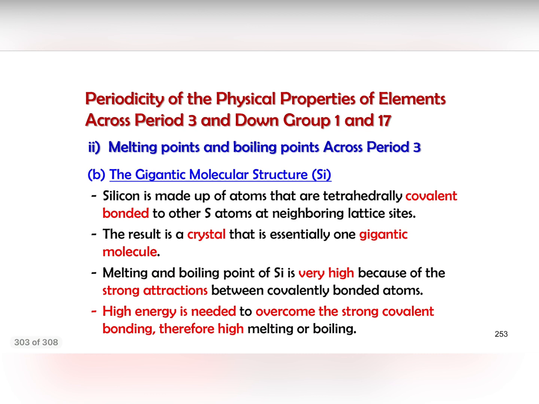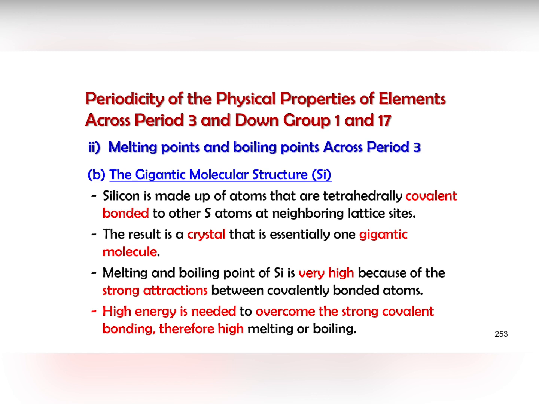Right, next let's look at why silicon is a bit special. This is because of the gigantic molecular structure of silicon. Silicon is made up of atoms that are tetrahedrally covalently bonded to other Si atoms at the neighboring lattice sites. The structure of silicon is very big, very bulky. This will result in a crystal that is essentially one gigantic molecule.